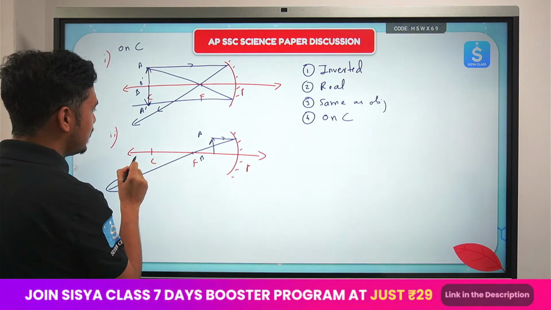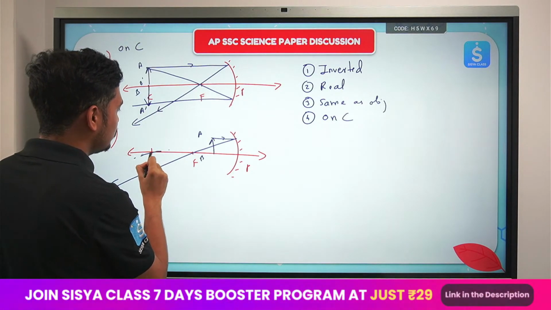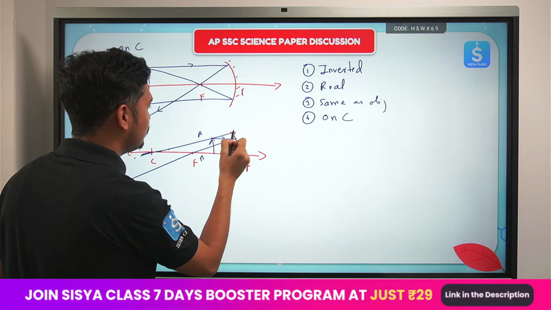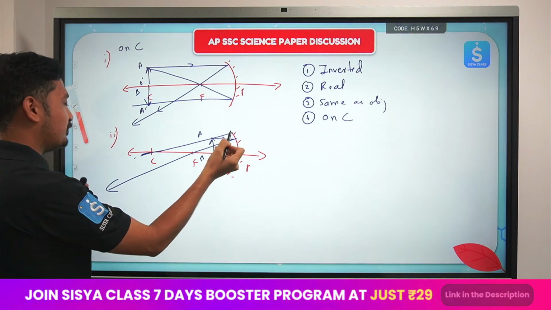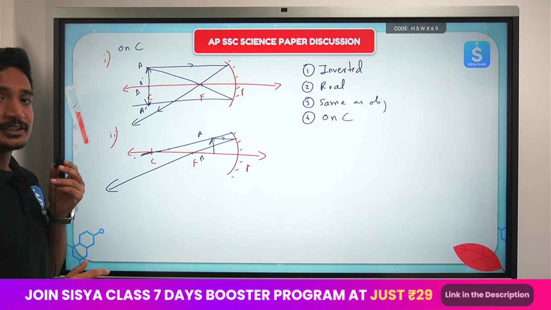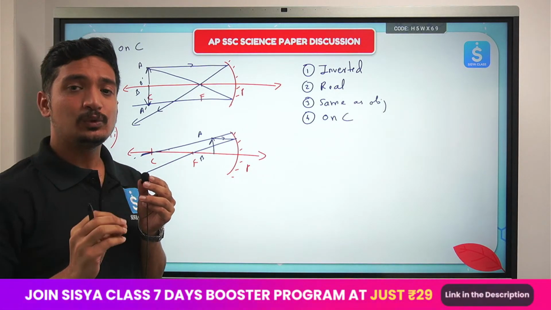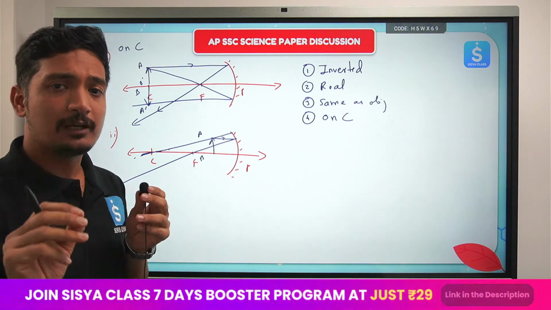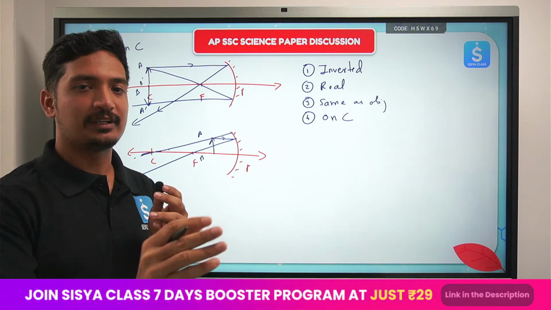Rule number 3 says that if light passes through C, after reflection it will bounce back through the same path. Again you will not see an intersection happening over here. However, these two lines are non-parallel lines, and non-parallel lines meet somewhere after extension.